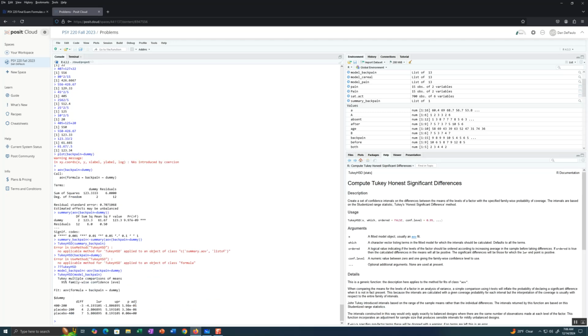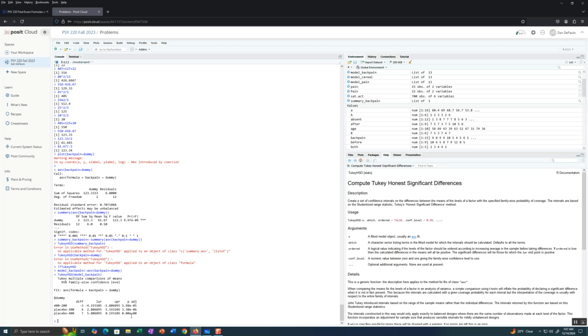And there we go. So this is showing me that there are massive differences for all three here. The difference is -3 from 400 to 200. But I can just find the means of these columns anyway, right? There's a difference of 4 between placebo and 200, and a difference of 4 between placebo and 400, right?